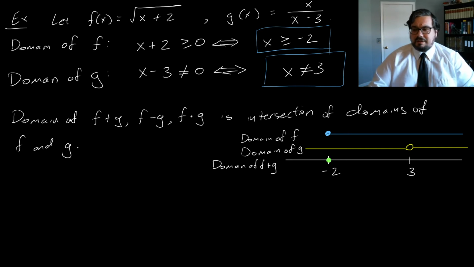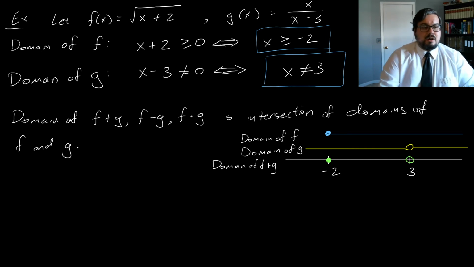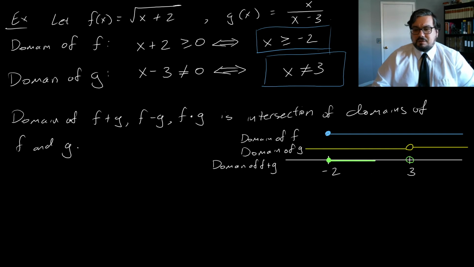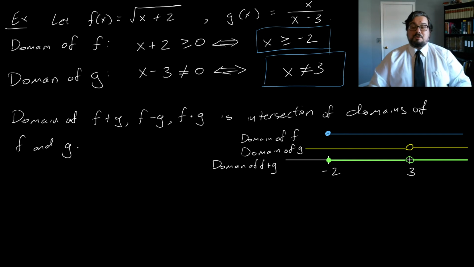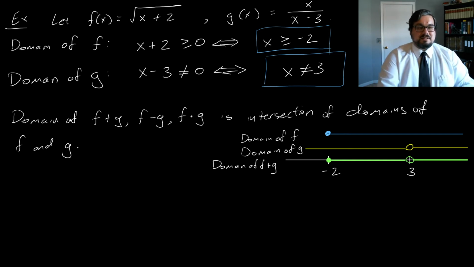So we'll do that in green here. So we're going to include all the numbers that are greater than or equal to -2 except 3, and including all the numbers greater than 3. So that's the domain of f plus g.